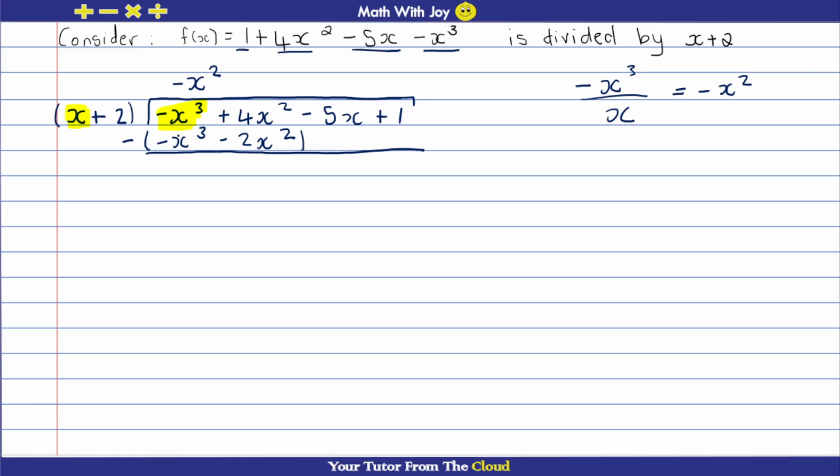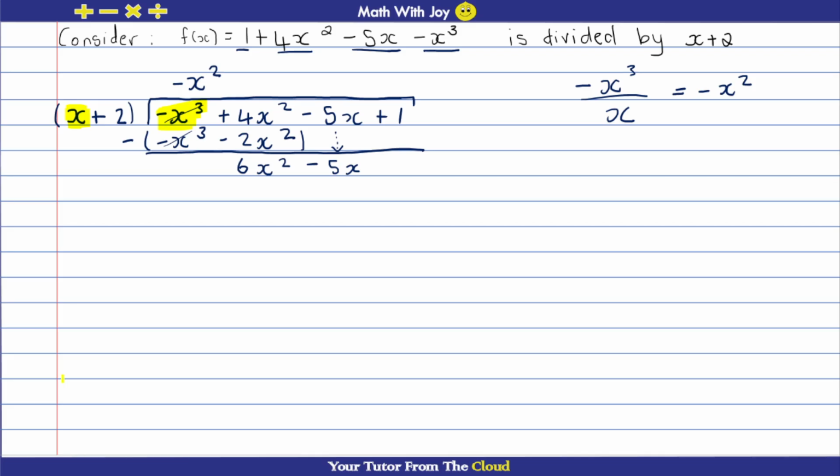Well, we know that the minus gives us a positive, so these terms will actually cancel each other out. 4 minus minus 2 is the same thing as 4 plus 2, which gives us 6x to the power of 2. Now we just have to bring down the other term. So we have minus 5x. And then we start the process all over again.